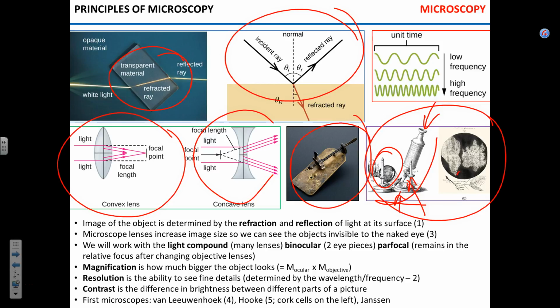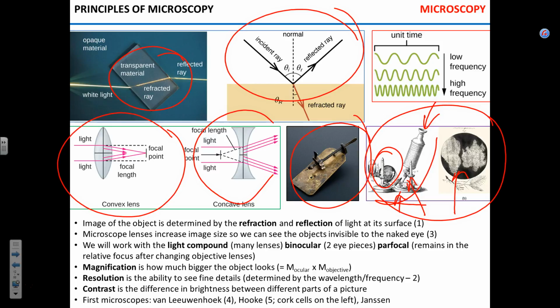Hooke actually observed the structure of the cork. He was the first to see cells. Well, dead cells. He never had that leap of logic implying that everything is built of cells, but he was the first to observe them.